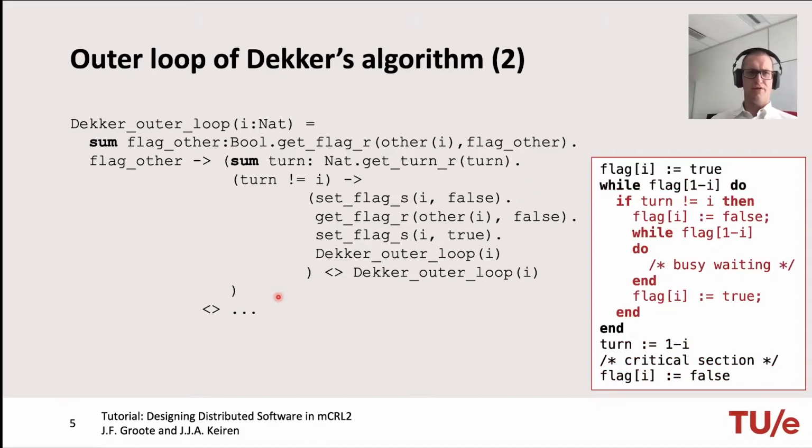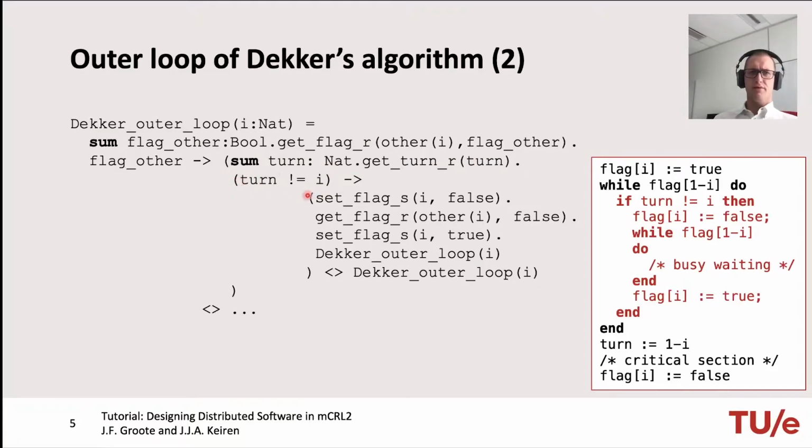Modeling this is exactly similar to what we saw in the previous algorithms. So let's focus on the body of the loop. For the body of the loop, again, we have a condition in the if here, for which we need the value of a shared variable. So we read the shared variable here, turn, and store its value in a local variable turn, and then check the condition.